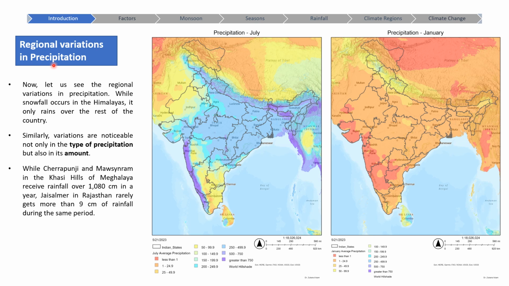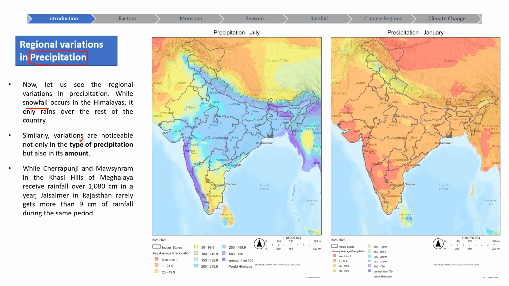Now let's discuss the precipitation. What are the regional variations in precipitation? So first, the type of precipitation. The Himalayan region receives snowfall.